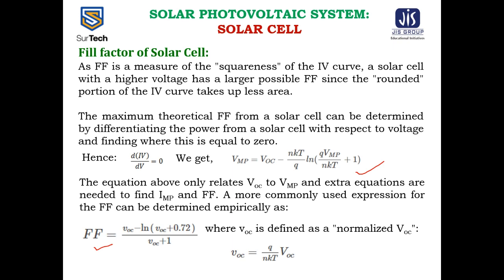This small voc is called the normalized VOC. So the fill factor is the normalized voc minus ln of (voc plus 0.72) by (voc plus 1). So this is the actual fill factor formula which is used to calculate the fill factor of the solar cell.